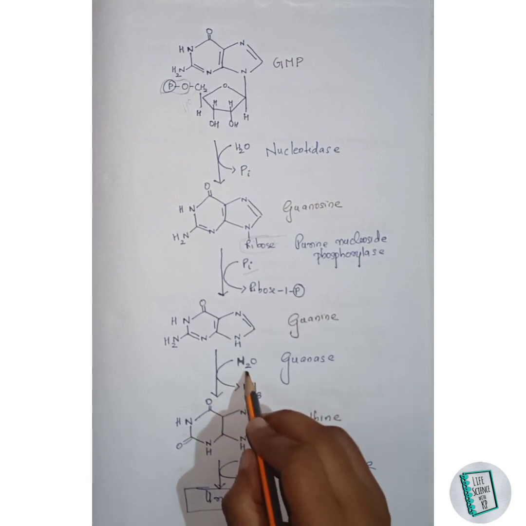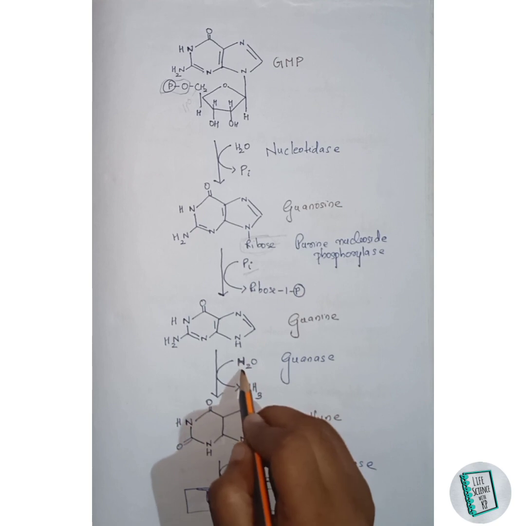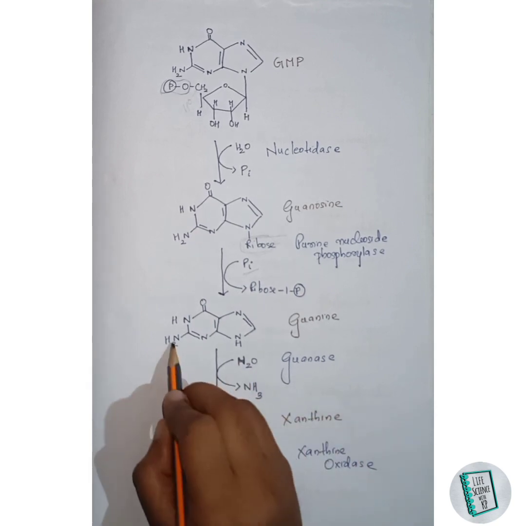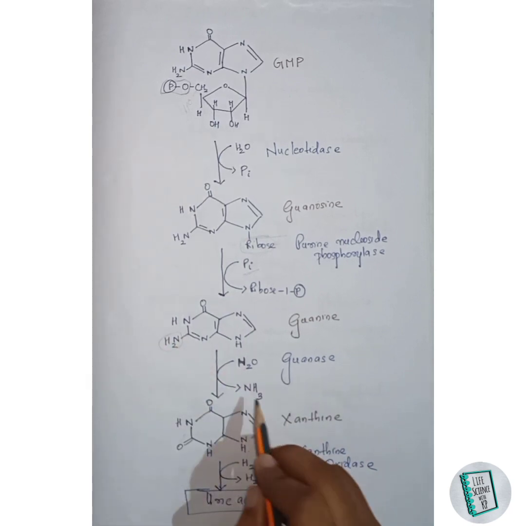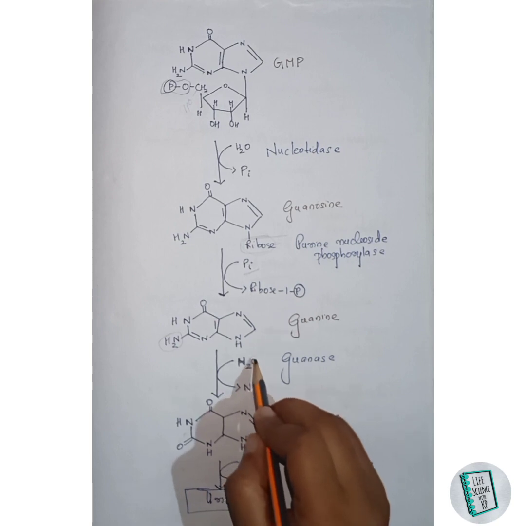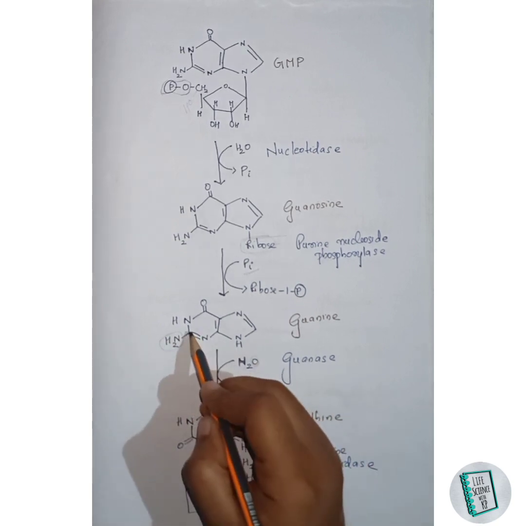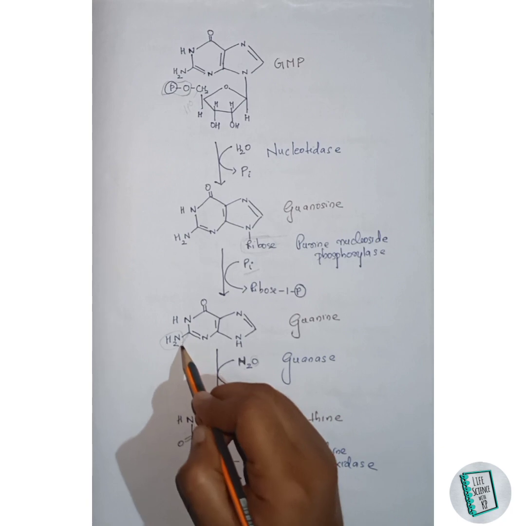Here there is addition of a water molecule, and one of the hydrogens from this water attaches with this NH2 group and leaves as NH3. Then the oxygen of this water molecule attaches with this carbon and forms a carbon-oxygen bond there.